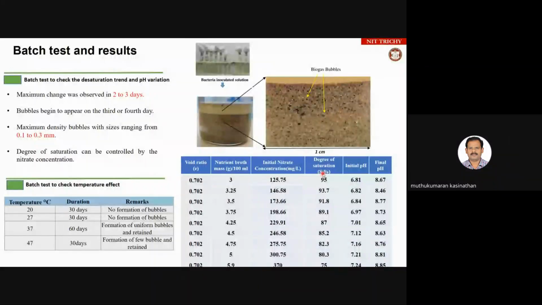The initial pH and final pH vary, because the formation makes changes in the soil. There is a slight variation with the increase in nitrogen concentration.